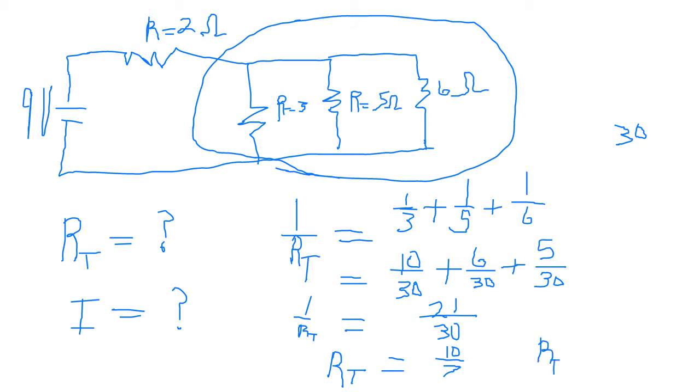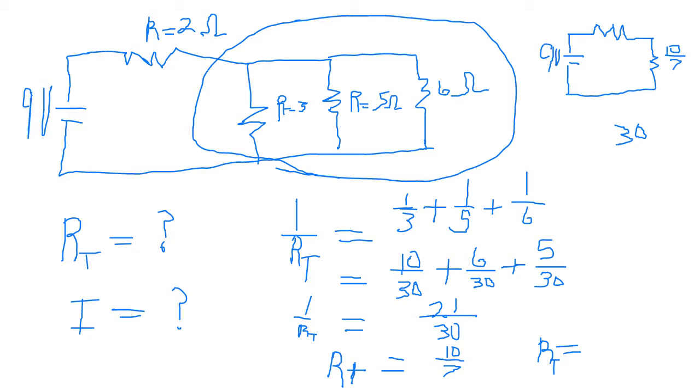If you make this R little t, to get R big T, you rewrite this circuit, and it'll be in series now. So R little t would be 10 over 7.